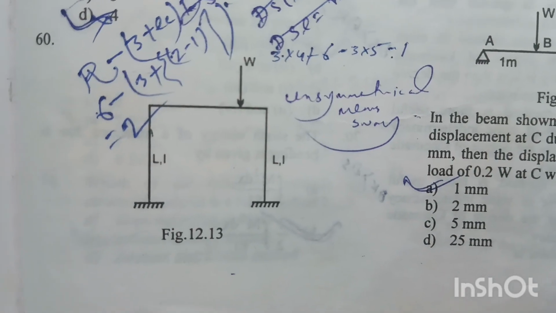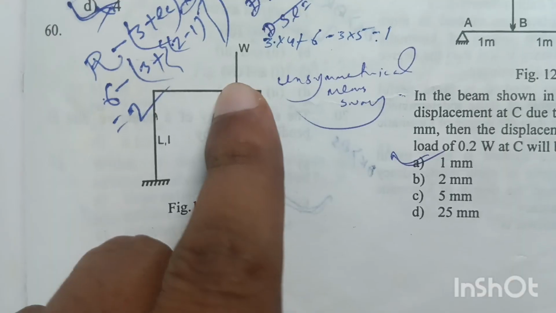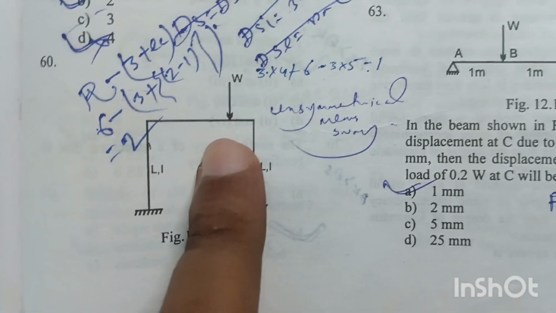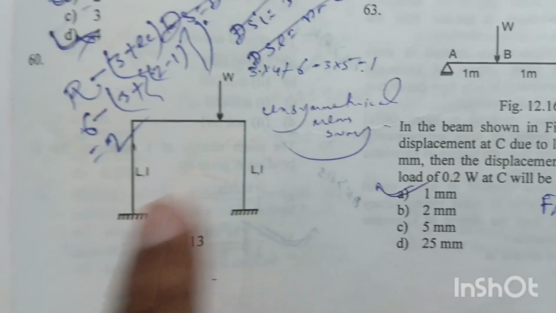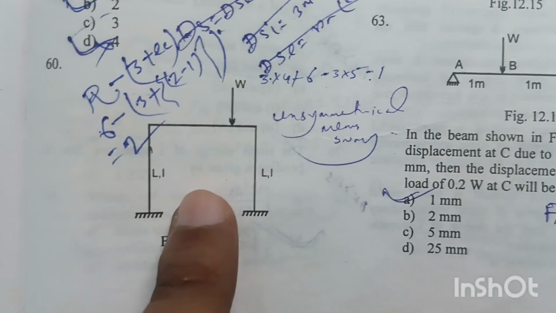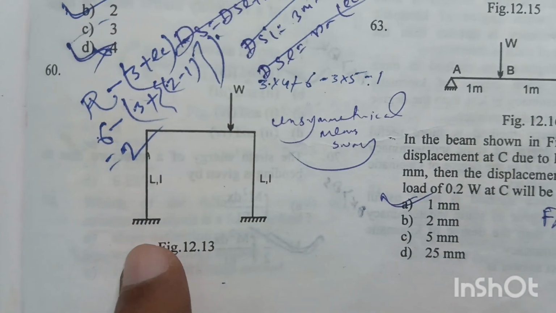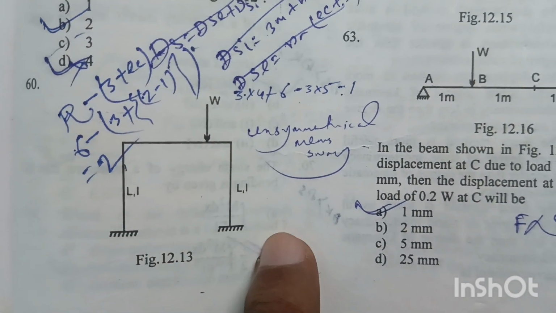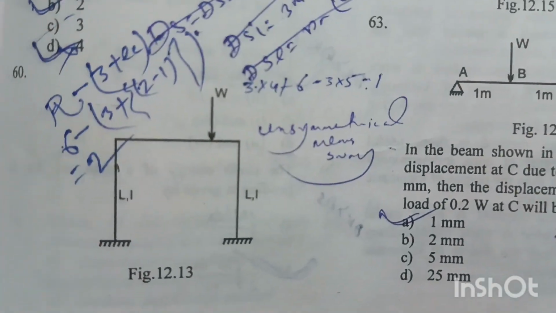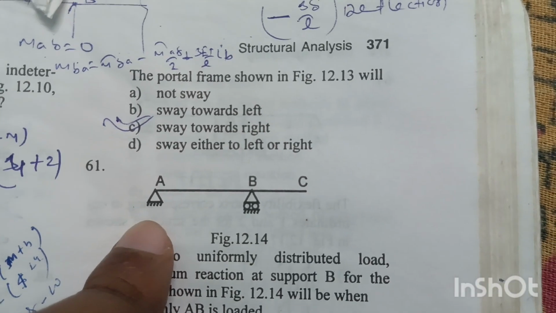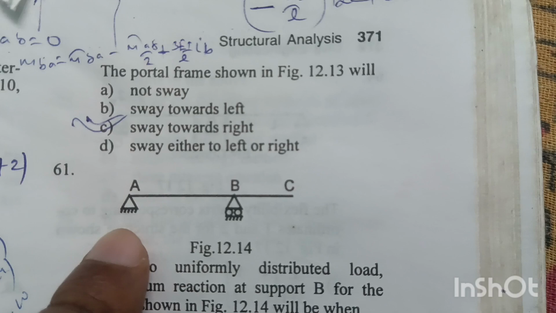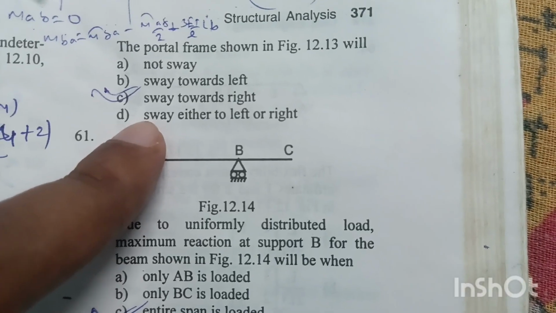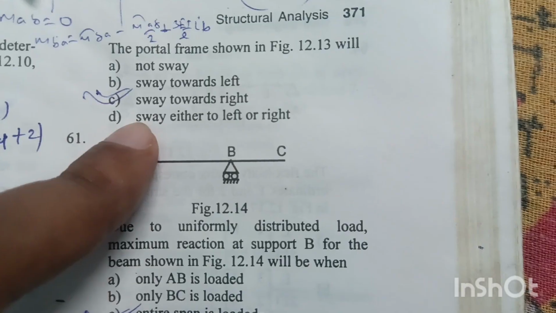Question number 60. Look at the frame. One load W is over this frame at the right side of the frame. The frame is rigidly connected at both ends. This is a fixed end, this is a fixed end. The question asked here is, will the portal frame shown in figure 12.13 sway or not sway, and in which direction will the frame move?